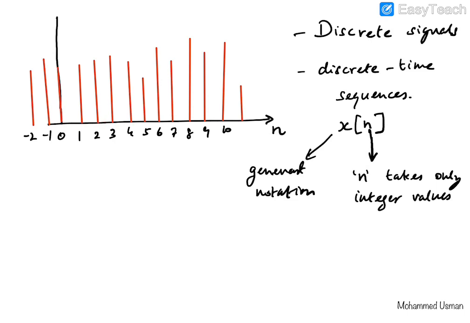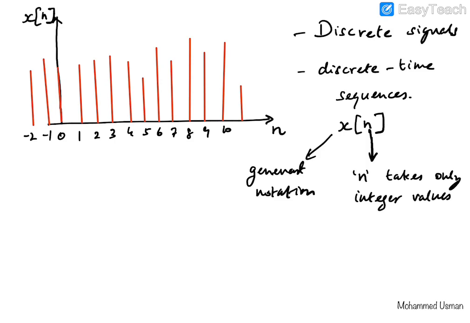So we can have the reference given to this n depending on the context, but the important point here is that n, the independent variable in this case, takes on only integer values. So the function here is defined only for integer values of n. So we denote this as x of n within square brackets.